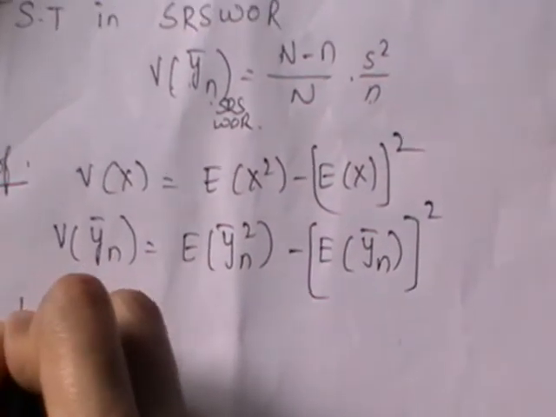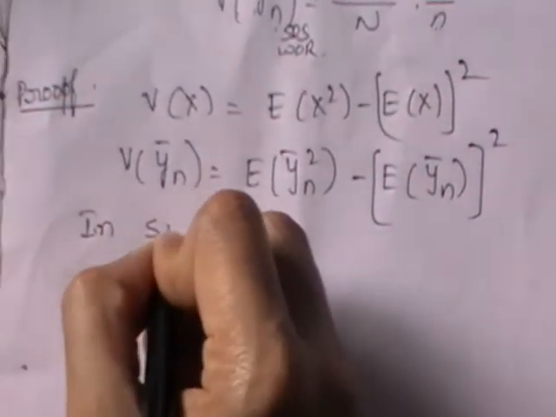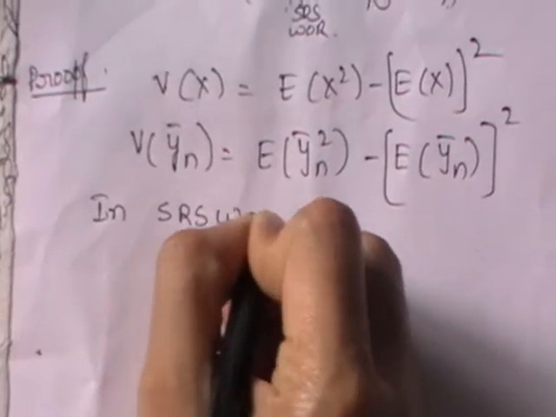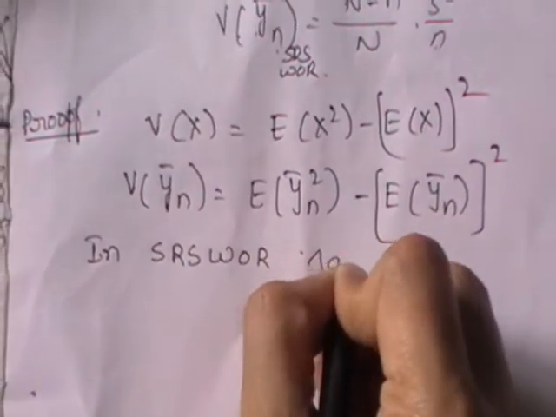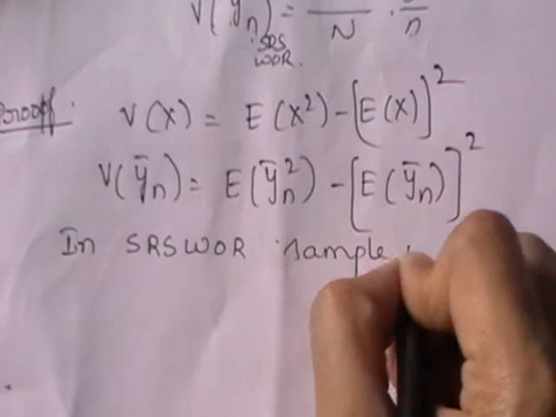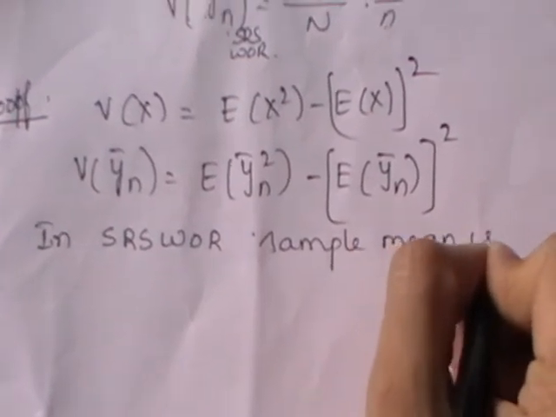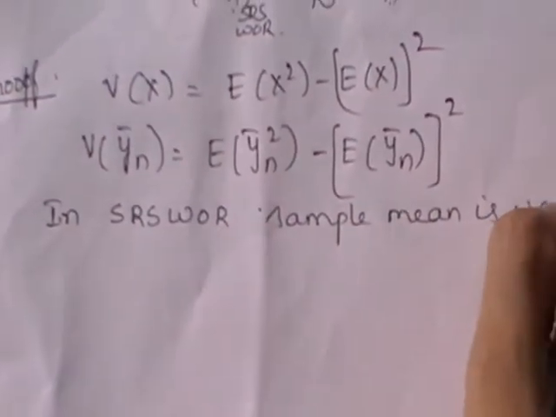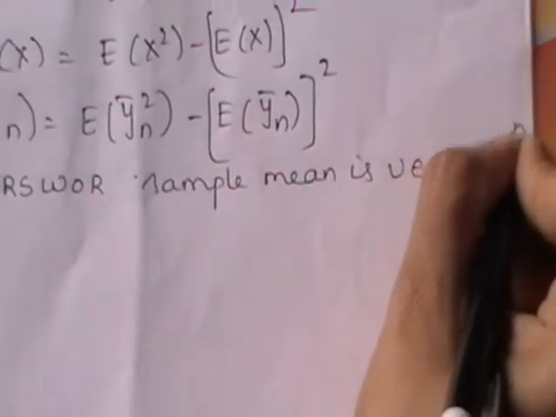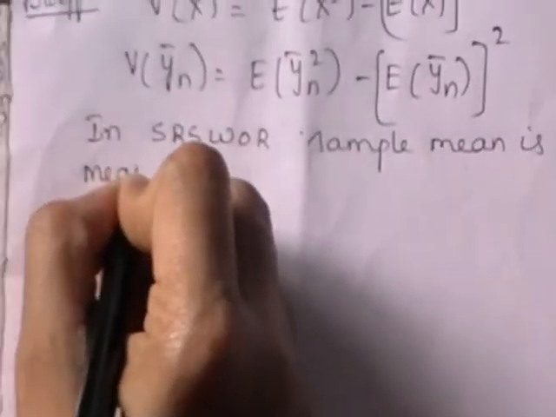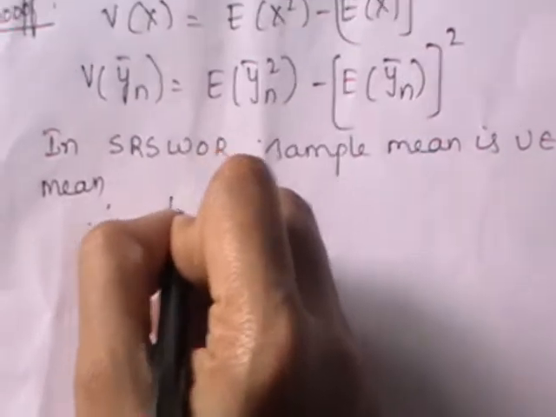Using theorem 2, we know that in SRSWOR, the sample mean is an unbiased estimator of the population mean. So what does it mean?